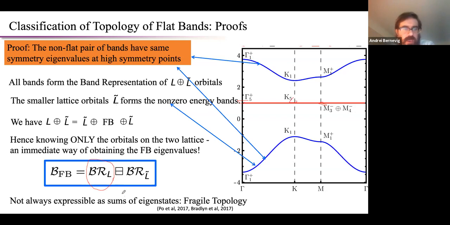Okay, and because of this minus sign, you have a natural way of understanding why flat bands in general, or exact flat bands, are likely to be topological, at least if you don't have a large number of orbitals.